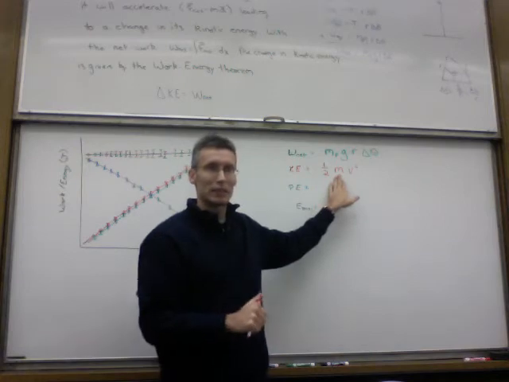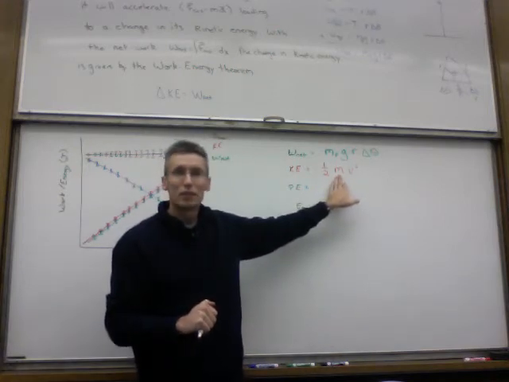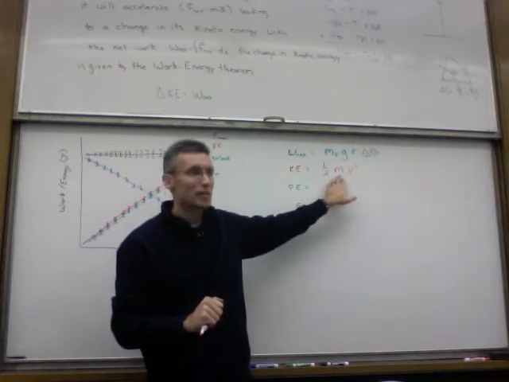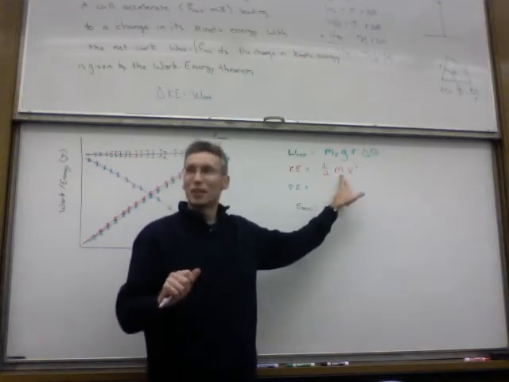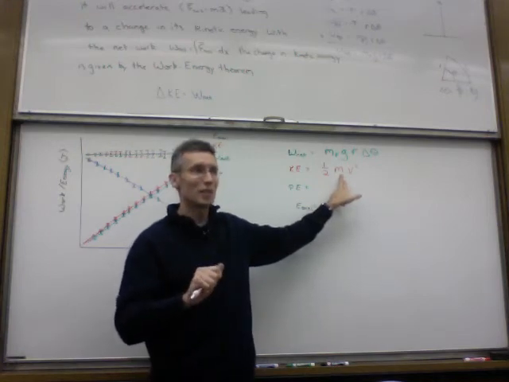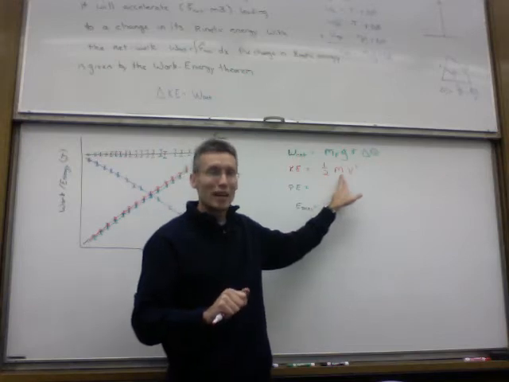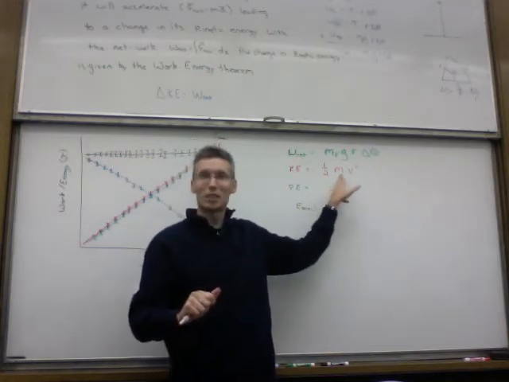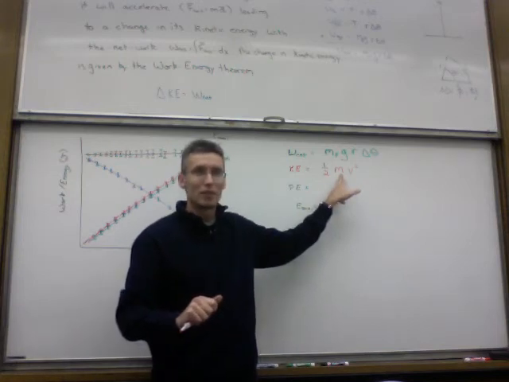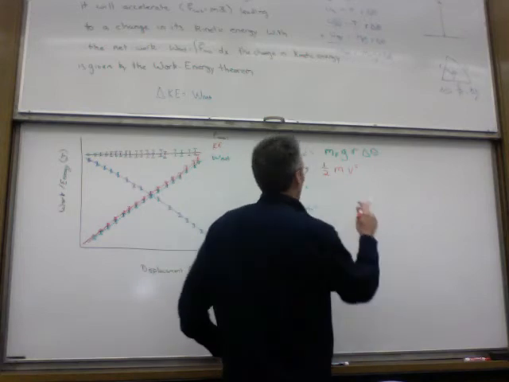I have two masses in my system. The falling mass? Anyone have a difference of opinion? I want to keep track of the total kinetic energy of the system. I have to keep track of everything that's moving. Is the falling mass the only thing moving? Yeah, both of them.